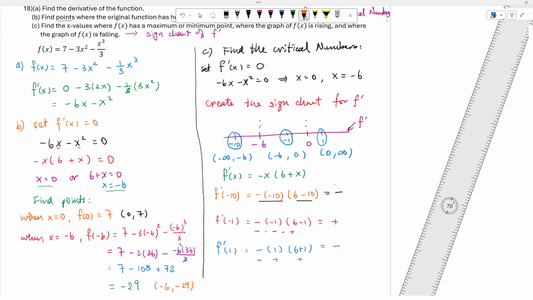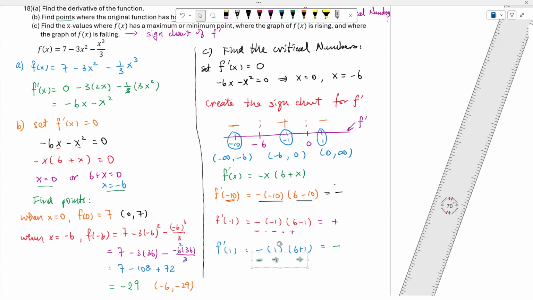Let us put this in the sign chart: between negative infinity and negative 6 it is negative, between negative 6 and 0 it is positive, and from 0 to infinity it is negative.